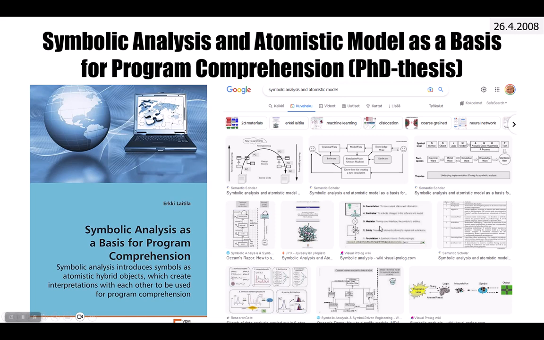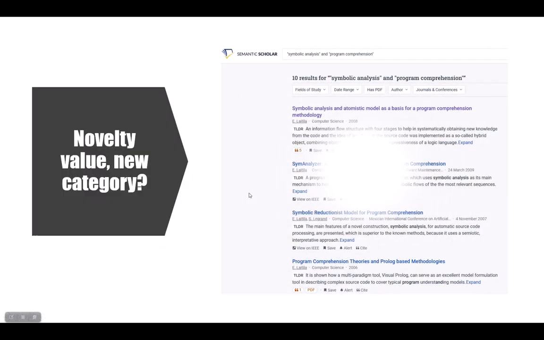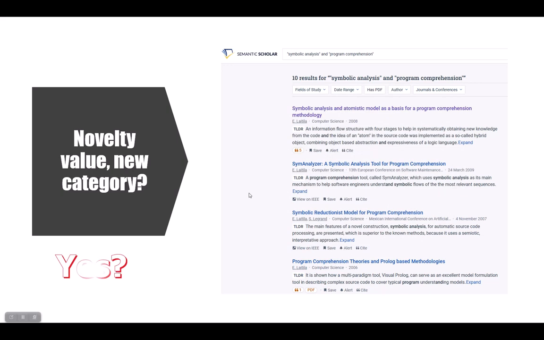And there are pictures about architecture and processes of this thesis and Wikipedia pages. There are some articles written about this methodology and its new approach to handle source code as symbolic analysis methods.